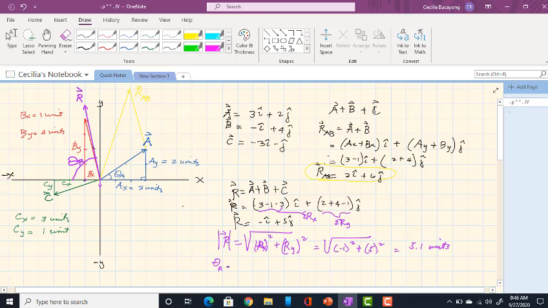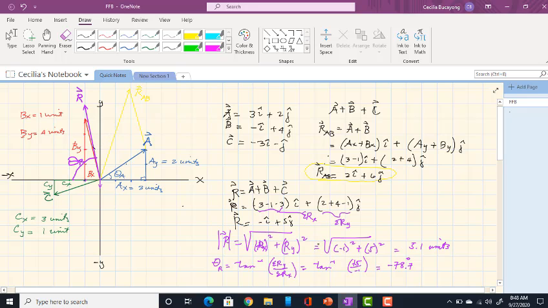How about theta r? Again, using the tangent inverse of the opposite side of our resultant, that's the ry over rx, or this is tangent inverse of positive 5, or the 5 over negative 1. So this is equal to negative 78.7 degrees. Okay, why negative? So let's check our resultant vector located in the second quadrant.